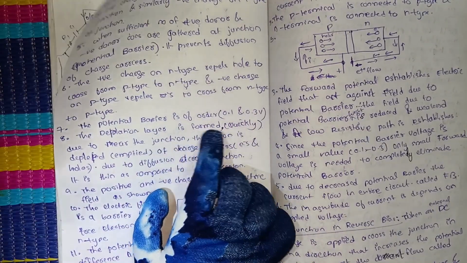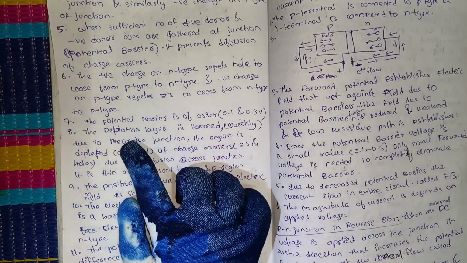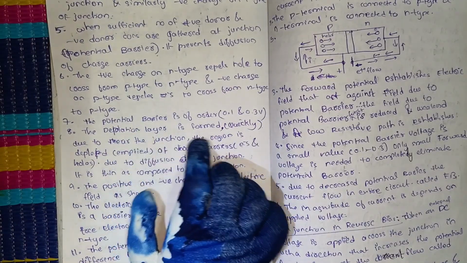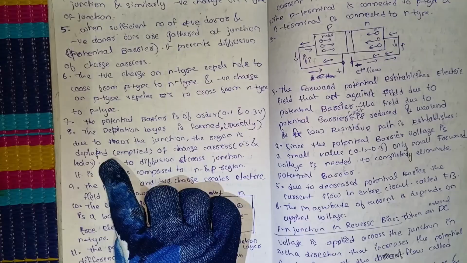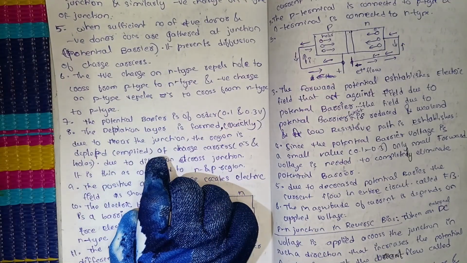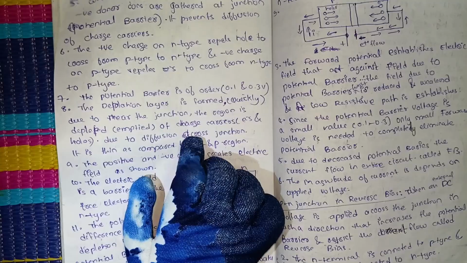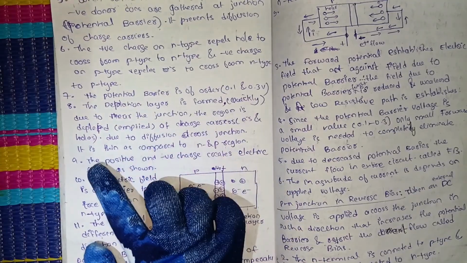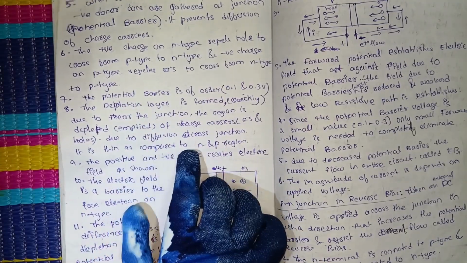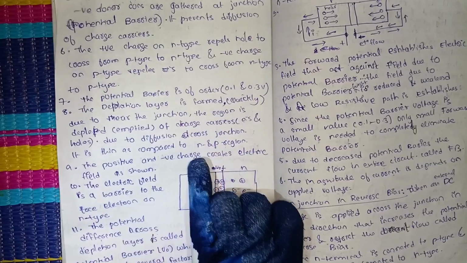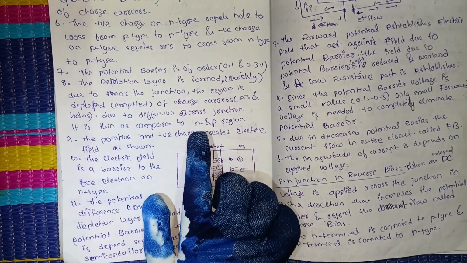The depletion layer is formed quickly because near the junction the region is depleted, means emptied of charge carriers, electrons and holes, due to diffusion across the junction. It is thin as compared to n and p type materials.